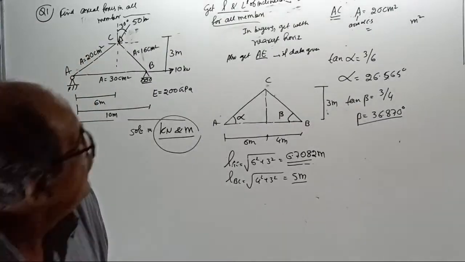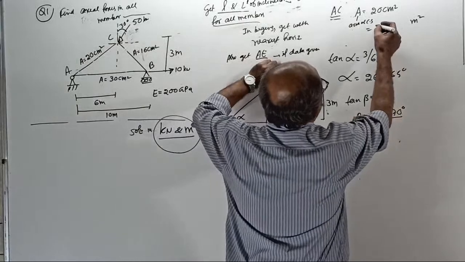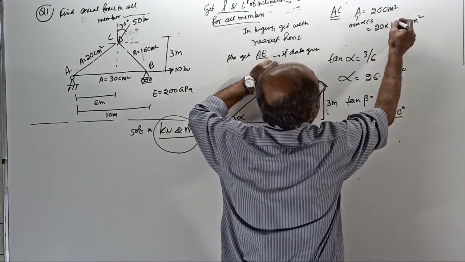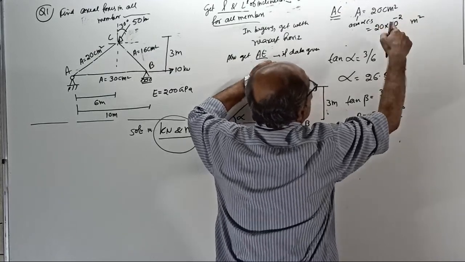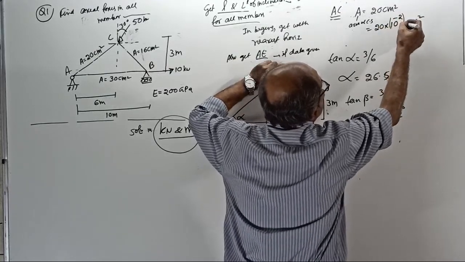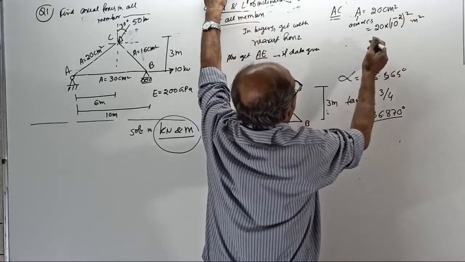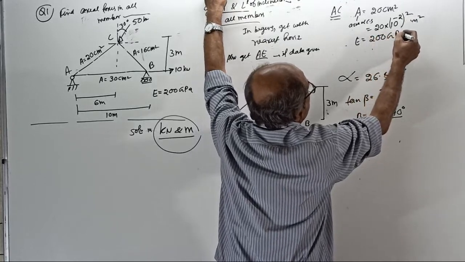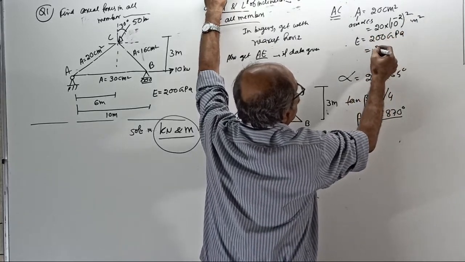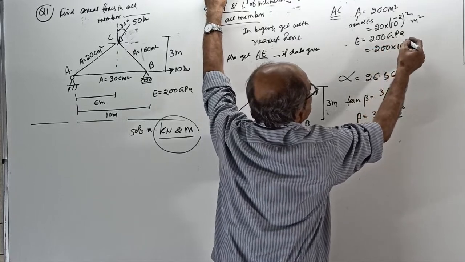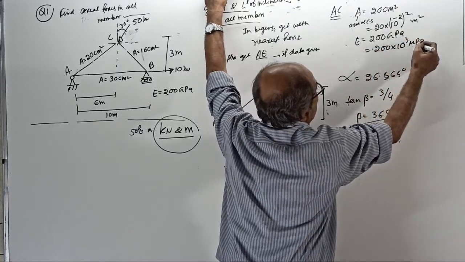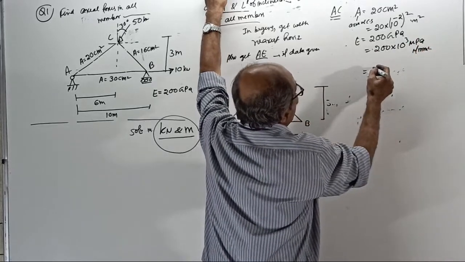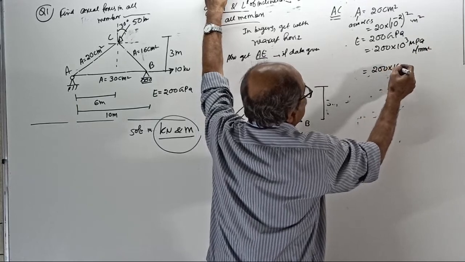So area in centimeter square equals 20 into 10 to the power minus 2, squared, in meter square. And E equals 200 GPa, or 200 into 10 to the power 3 MPa. MPa means Newton per mm square.